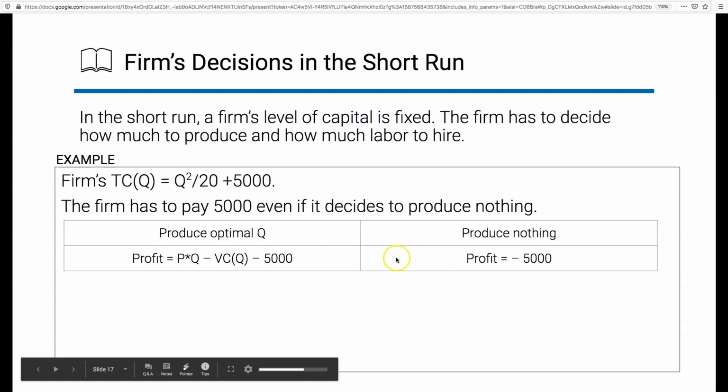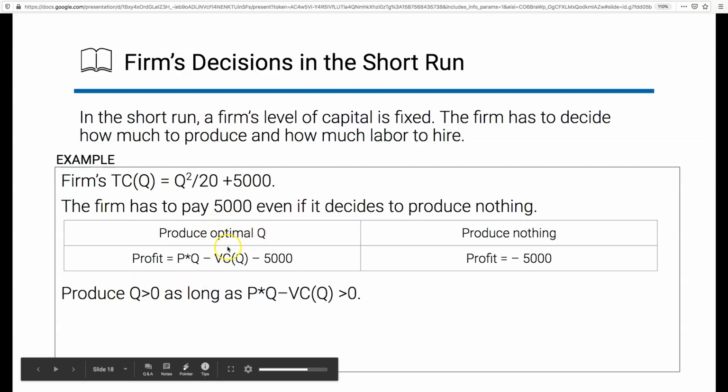So if you look at these two options, you can see that producing a positive amount is better if total revenue exceeds the variable cost of production. So forget about the fixed cost. As long as producing covers the additional variable costs of production, you're better off producing rather than not producing.